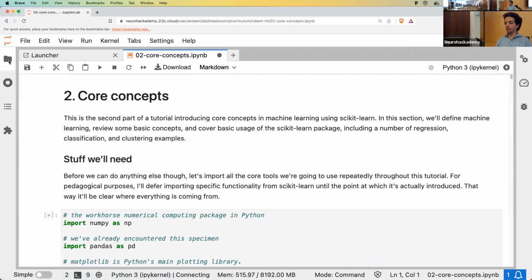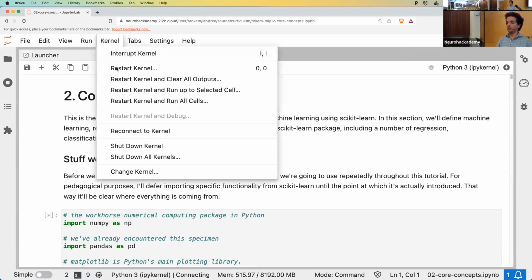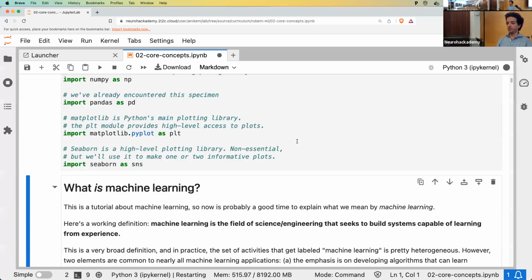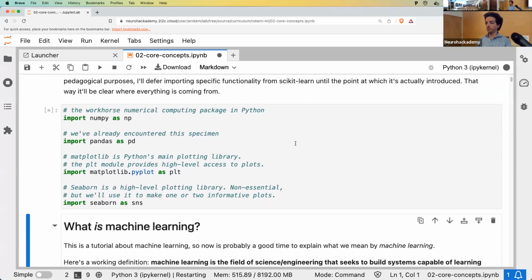I'm going to do this as requested, go to Kernel and restart this kernel, and see that it does what it's supposed to do. Okay, you're just importing stuff, so it doesn't need to think that long.